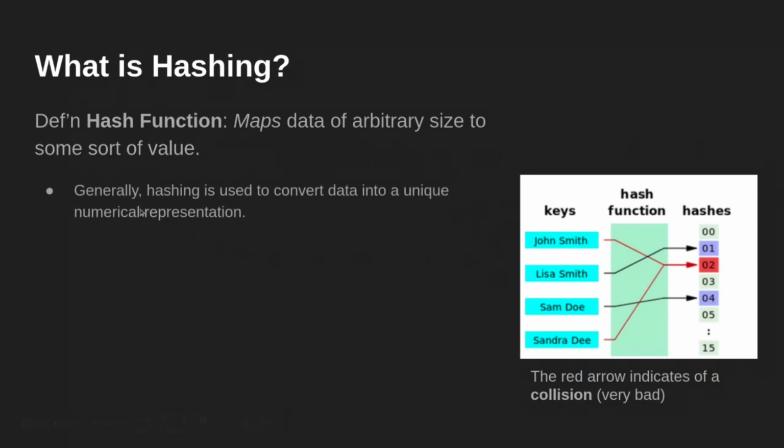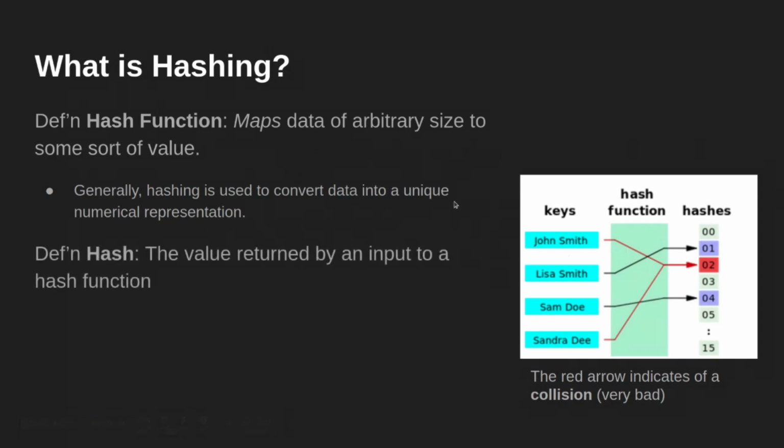In general, hashing is used to convert data into some numerical representation, and ideally, that representation is unique. A hash is the value returned by a hash function. So the hash of John Smith is equal to 2. Other names are hash values, hash codes, and digests.